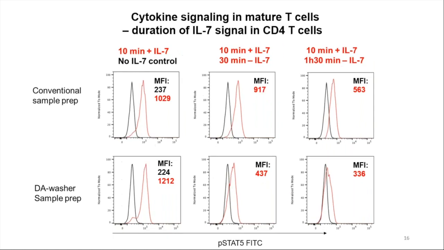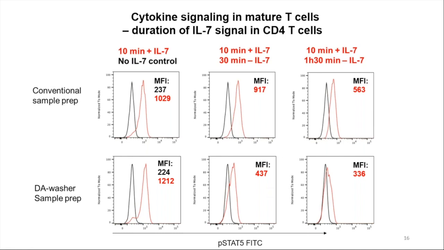And we observe exactly the same effect when we're looking at the IL-7 signal in CD4 T cells, where you see very little of the signal decay within the first half an hour after the IL-7 removal, whereas the signal decreases very significantly within the first half an hour when we use the DA plate washer for the sample prep.